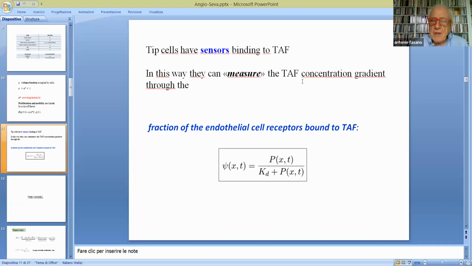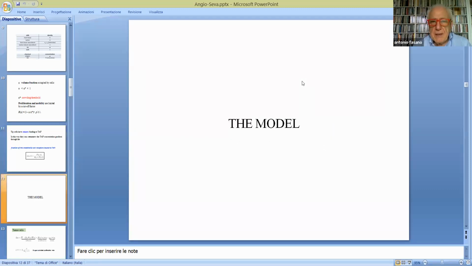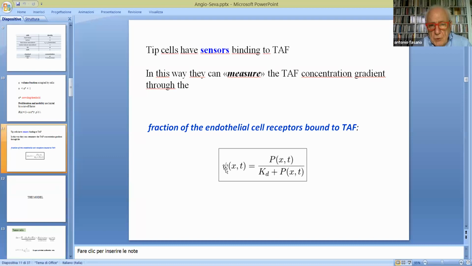So if there is more of this TAF on one side than on the other side, they understand that there is some gradient, and so they orient themselves in that direction. So we introduce this function representing the concentration of bound receptors.